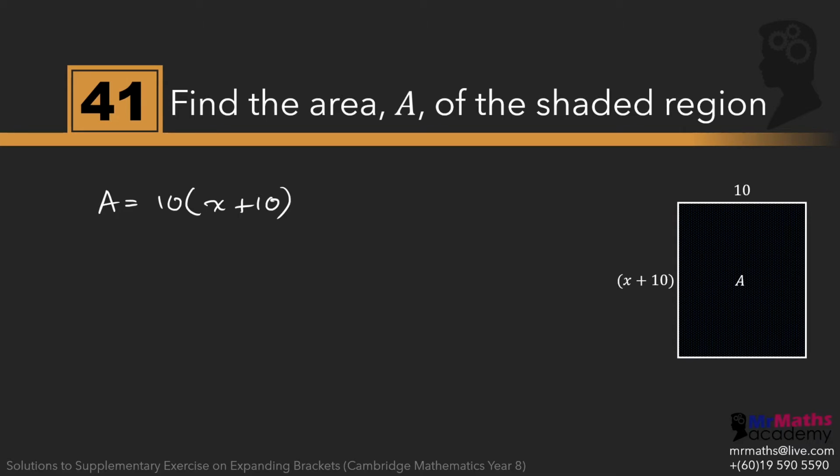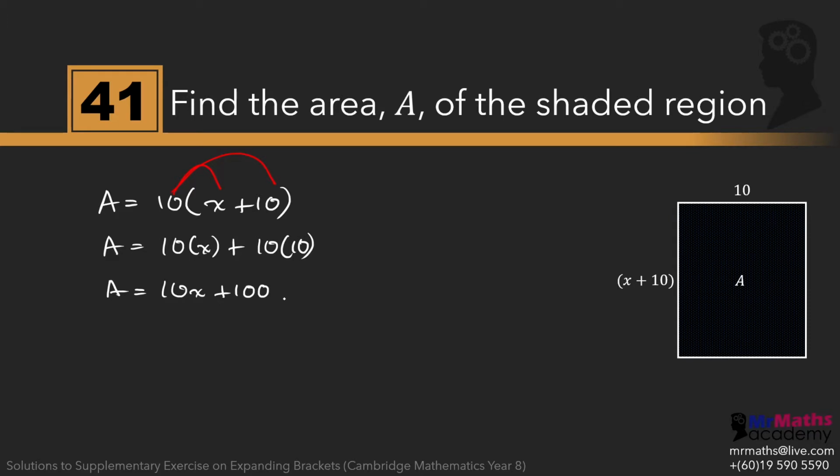So now, what have we got? We've got an expansion to perform. So 10 times x and then 10 times 10. So A is basically 10 times x plus 10 times 10. That is 10x plus 100.